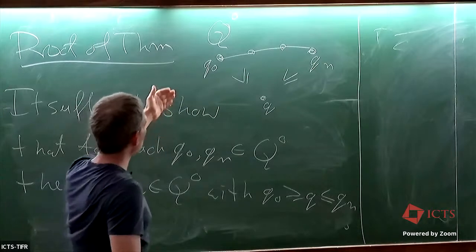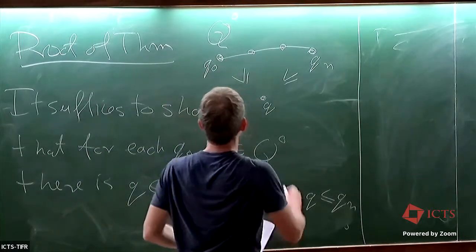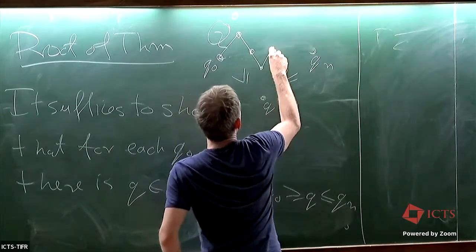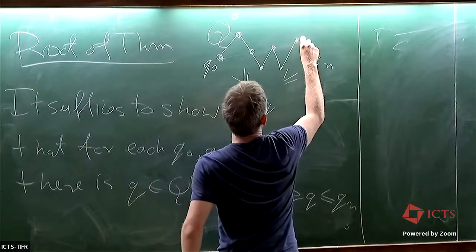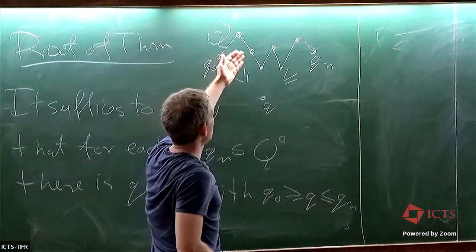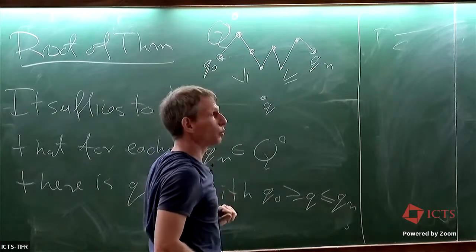But with respect to the distance from identity, this geodesic might do weird things. It might be that it first goes up, then down, and then down, up and down, and up and down. So if this geodesic behaves like this, there is no good candidate for Q.